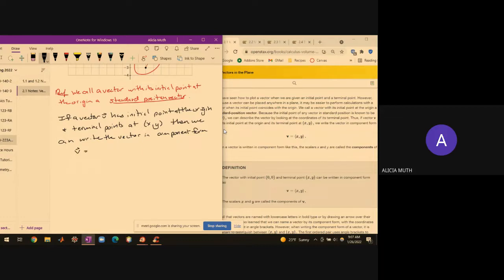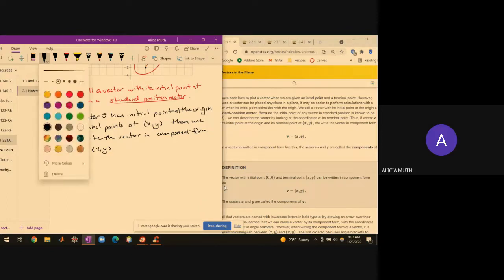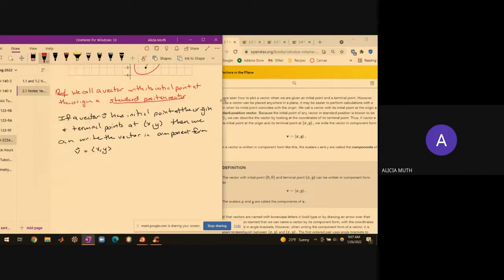So instead of using parentheses for our coordinate, we're going to use these triangle brackets, x, comma, y. When a vector is written in component form like this, the scalars x and y are called the components of the vector. We throw in that bolded word as well, the definition.